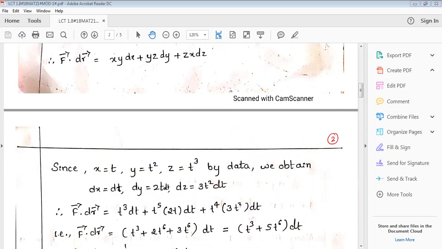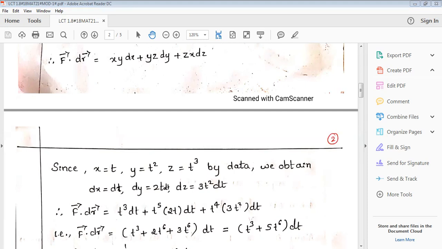Since we are given the values x is equal to t, y is equal to t square and z is equal to t cube, we substitute them. X is t, y is t square, dx is dt, z is t cube.